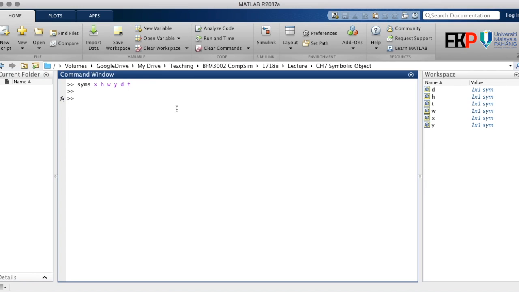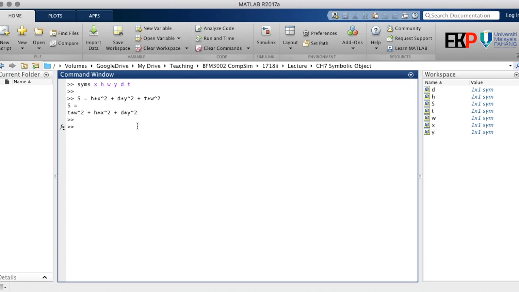Now we define our expression s, for example, h times x squared plus d times y squared plus t times w squared. So this will be our expression, t times w squared plus h times x squared plus d times y squared.